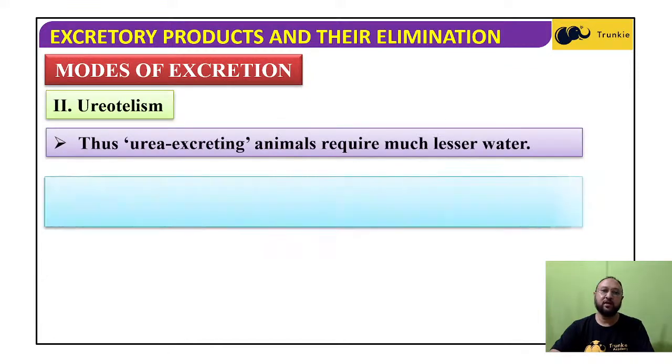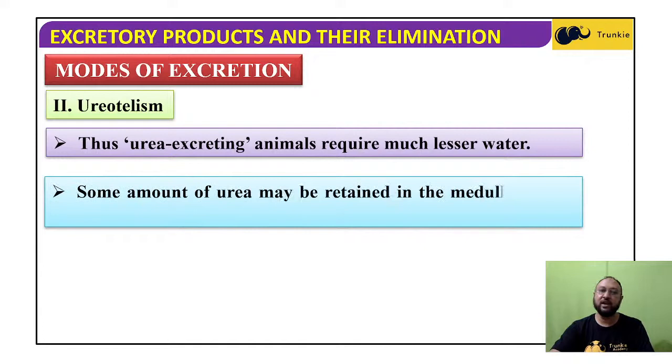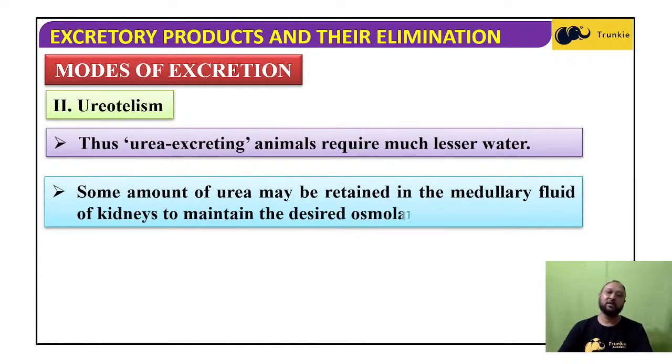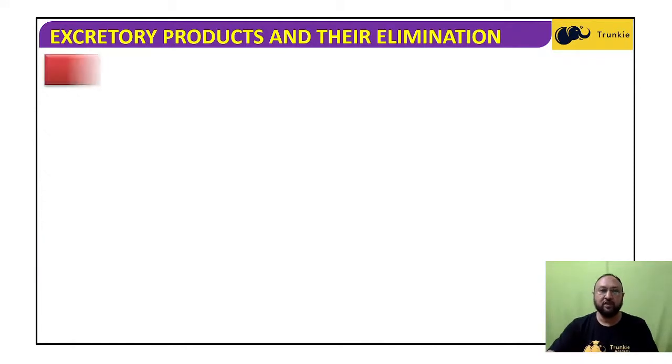Now you can see that in ureotelism, urea excreting animals require much less water, because they are converting ammonia into urea, which is less toxic. Some amount of urea may be retained in the medullary fluid of kidneys to maintain the desired osmolarity. So that is important.